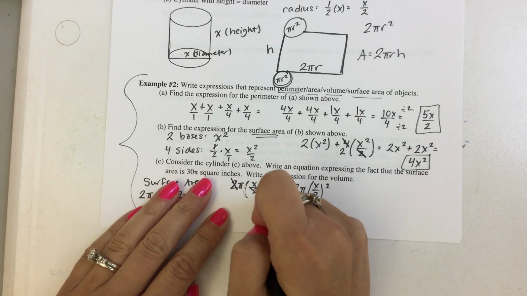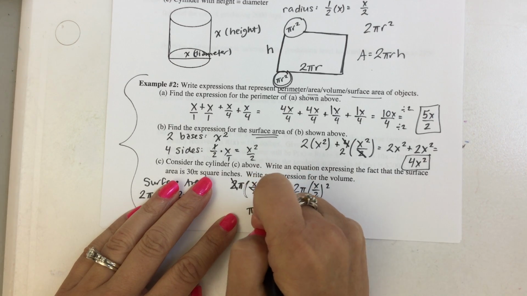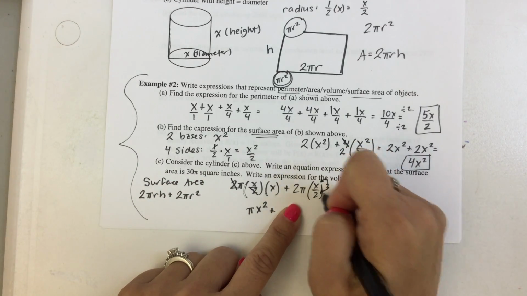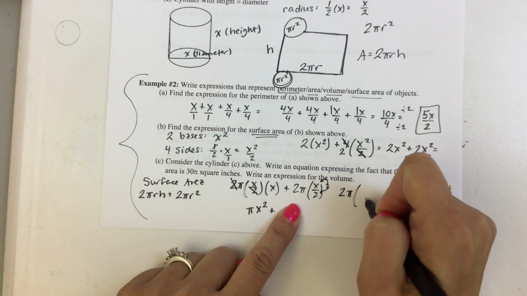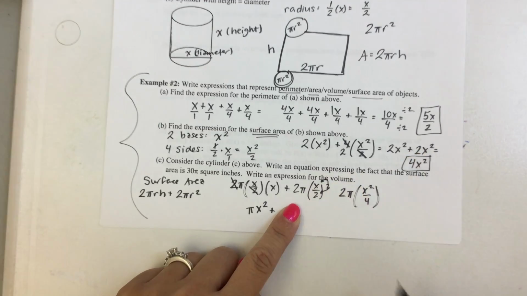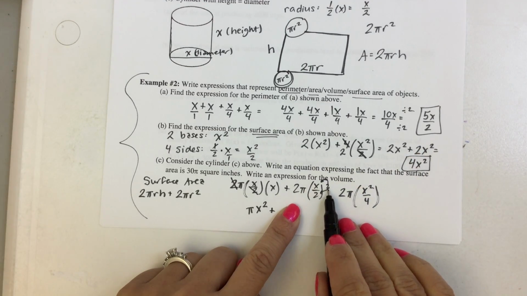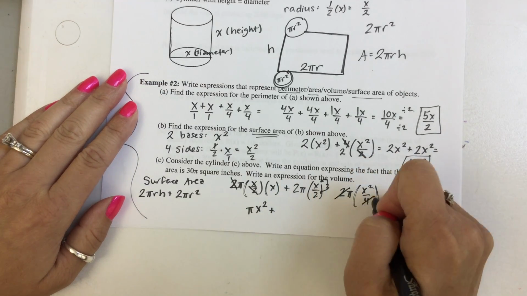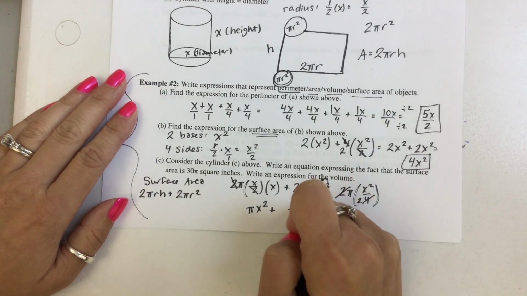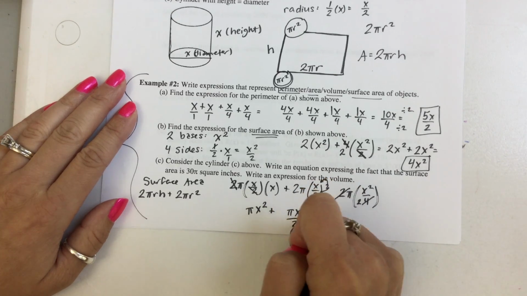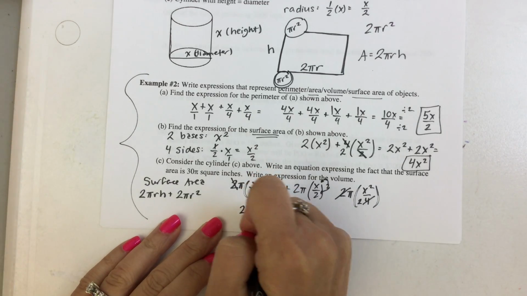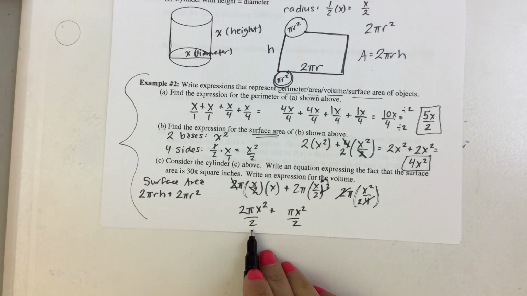So pi times x is pi x squared. Plus, now here, this becomes 2 pi times x squared over 4, because remember, when you square a fraction, you have to square both the top and the bottom. So this piece, I can cross cancel the 2 and make this a 2. So I have pi x squared over 2. I can make a common denominator here, 2 over 2, because technically this had a 1 underneath.